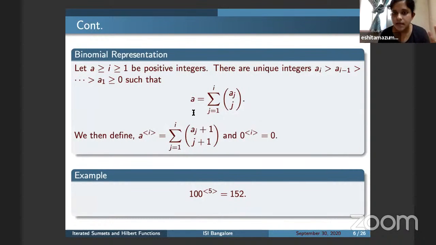Say you fix your i to be equal to 5 and you're taking your a to be equal to 1000. The binomial coefficient is, let's say, x choose 5.